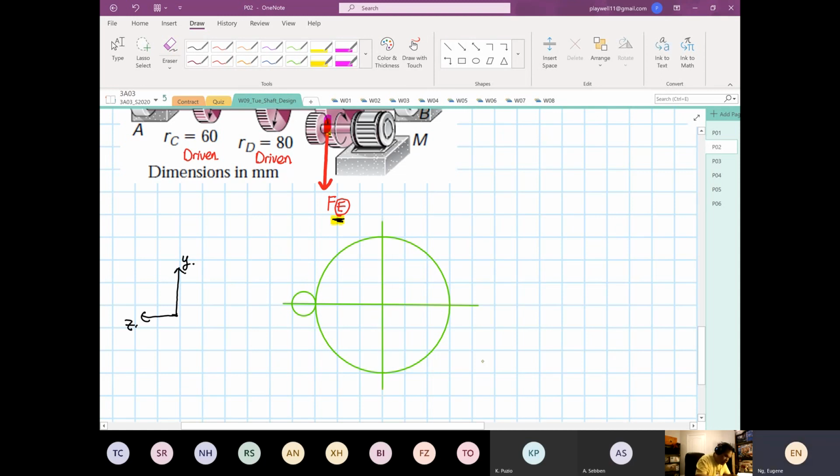So we know that this is coming down. This is the force at point E, and this is our gear E. Every gear on the shaft will rotate in this direction, so this is our rotational direction, because it's given to us that the motor gear is in this direction.